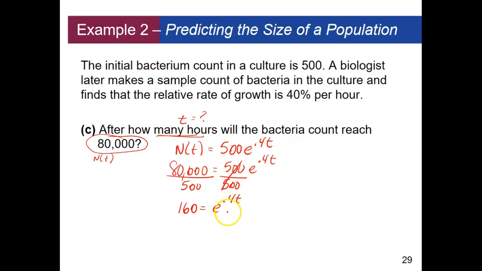Okay, you know that when we solve an exponential equation with a base of e, we need to use the natural logarithm. And when we do that, these cancel. We'll need to divide by the 0.4.